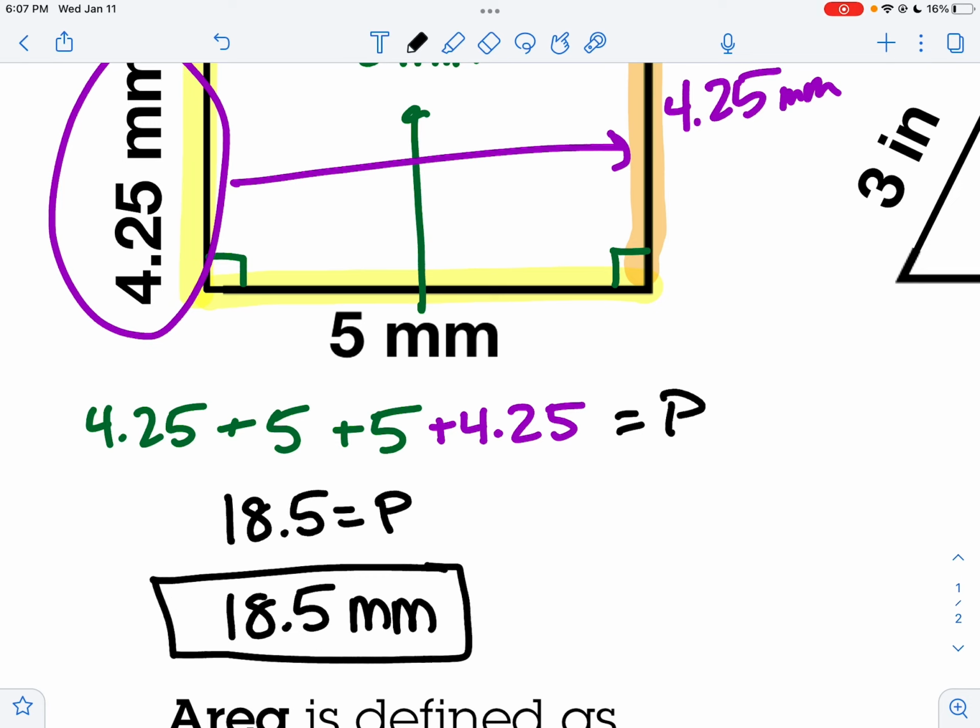We were just adding. We didn't multiply anything, so nothing's going to end up squared. When you type this in, there is a space between your number and your abbreviation, but you don't need a period after your abbreviation. So 18, period, 5, space, m m. That's all you would type in.